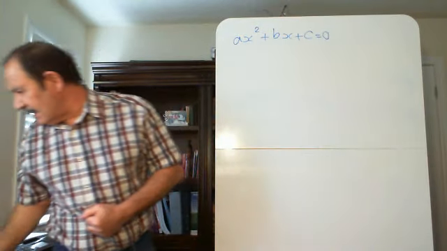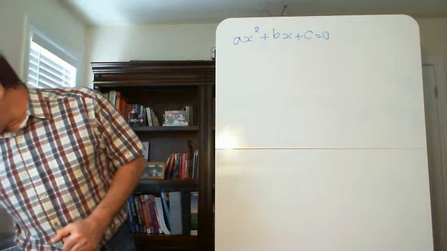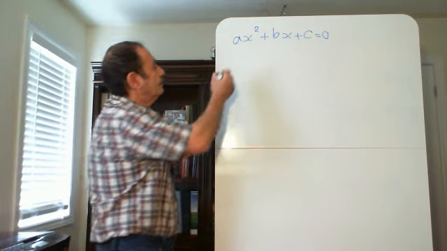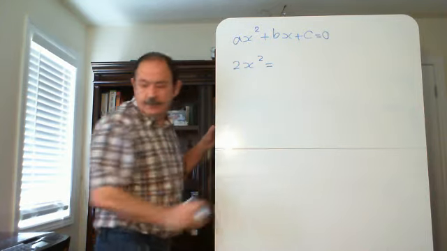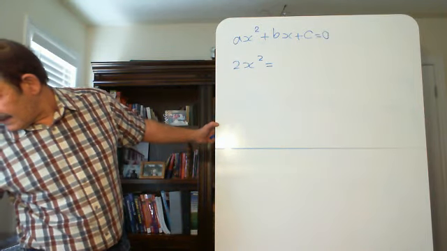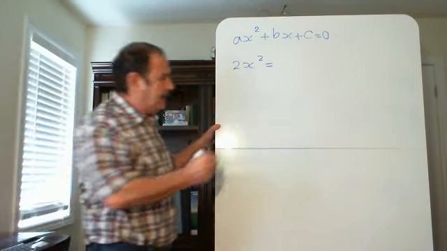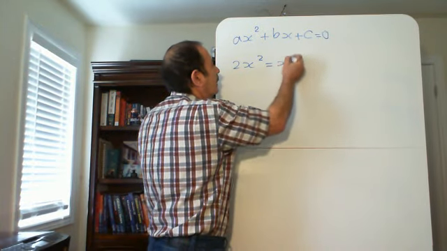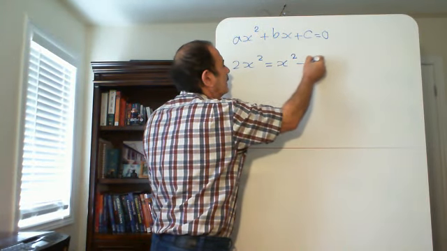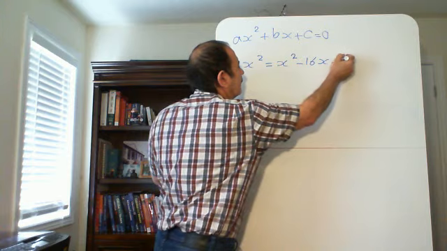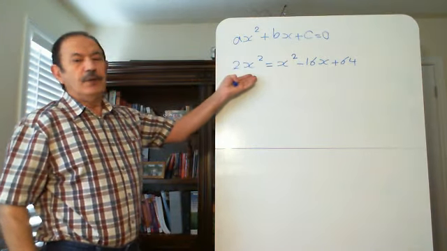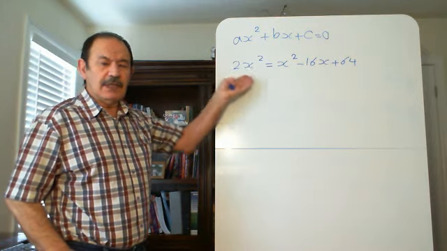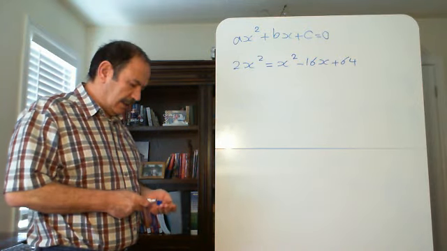And I want to see if 2x squared is equal to x squared minus 16x plus 64. I want to know if this is a quadratic equation or not.